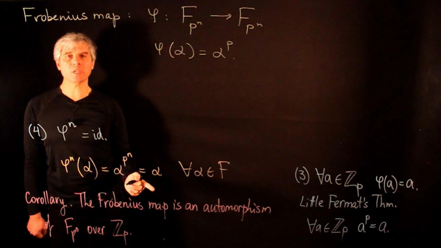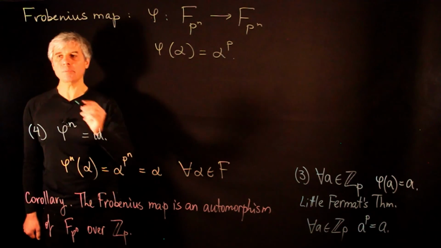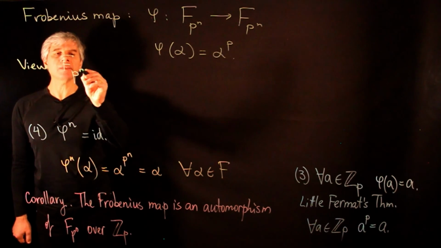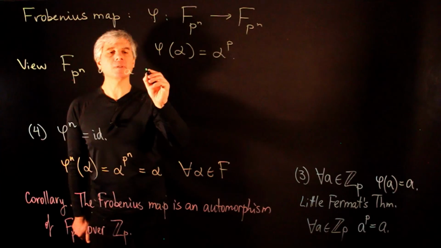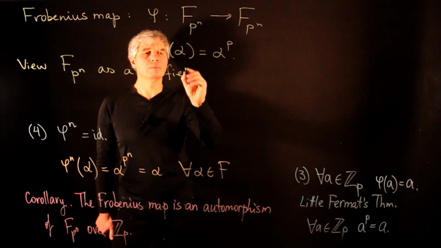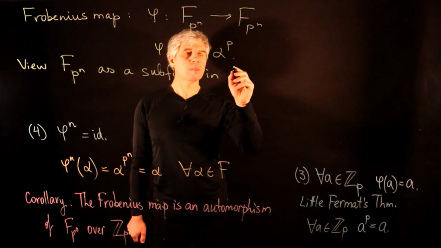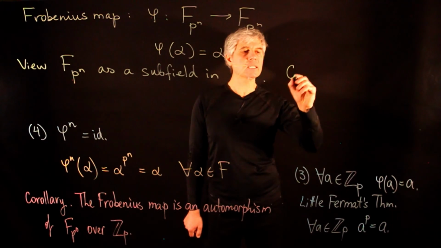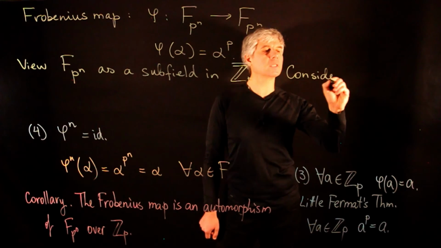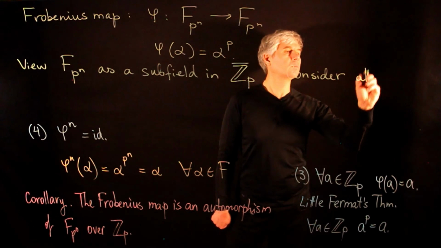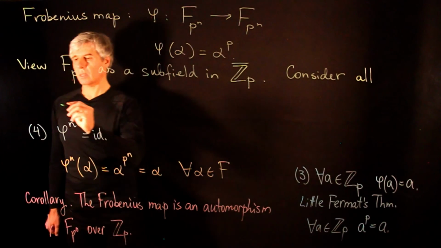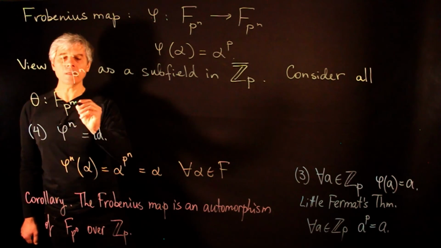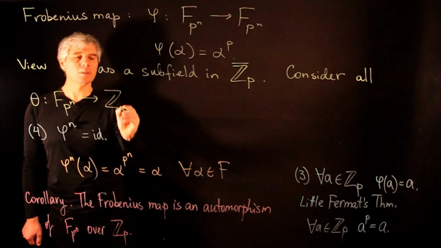Since F p to the n is an algebraic extension of Zp, we can view F p to the n as a subfield in the algebraic closure Zp bar of Zp. Consider all possible field embeddings, maps of F p to the n into this algebraic closure.